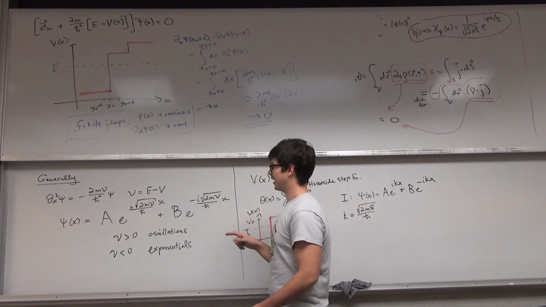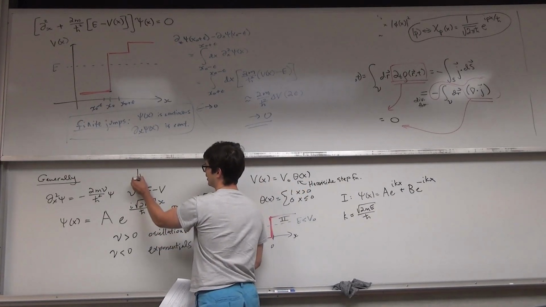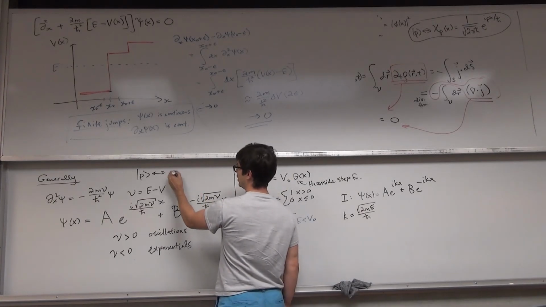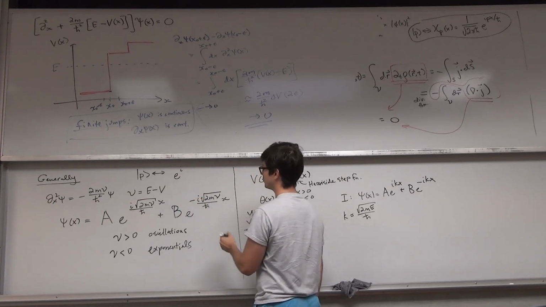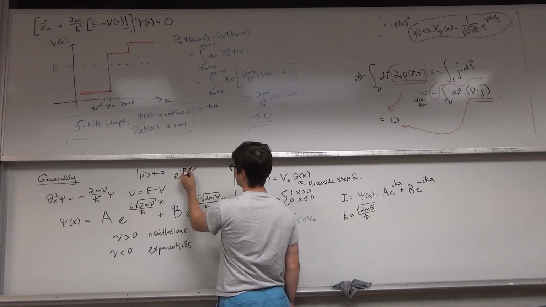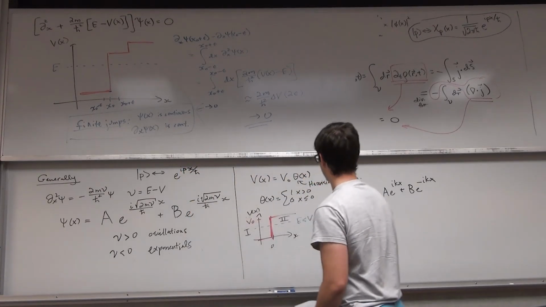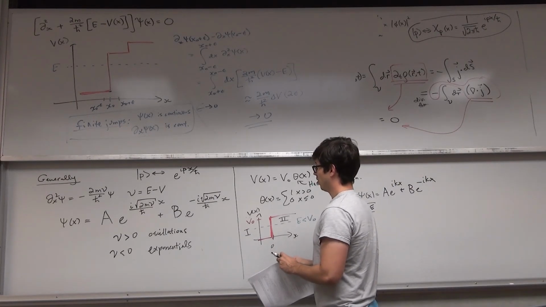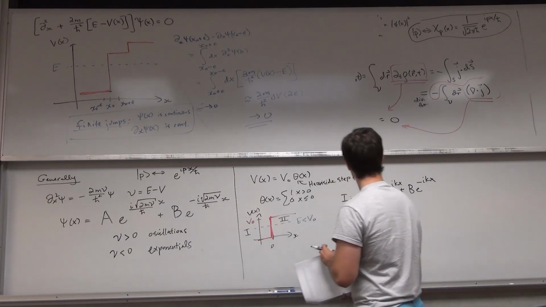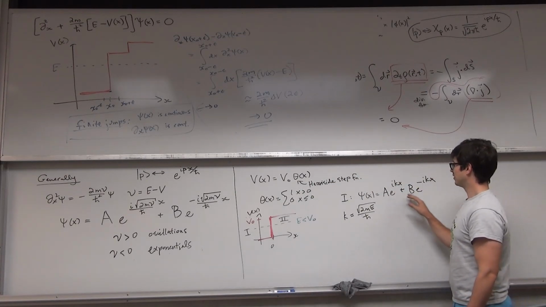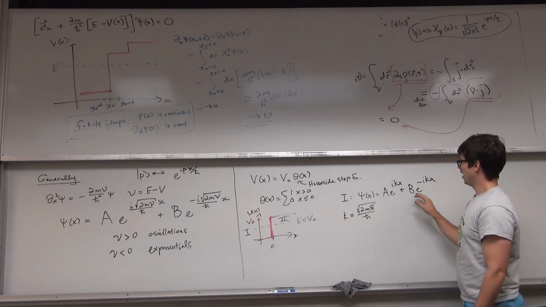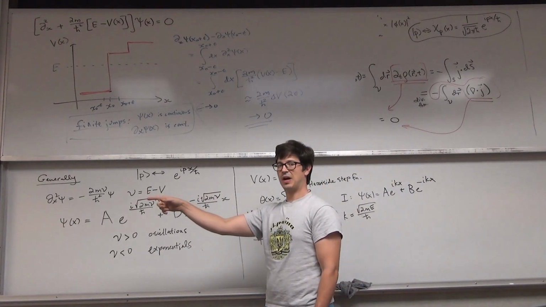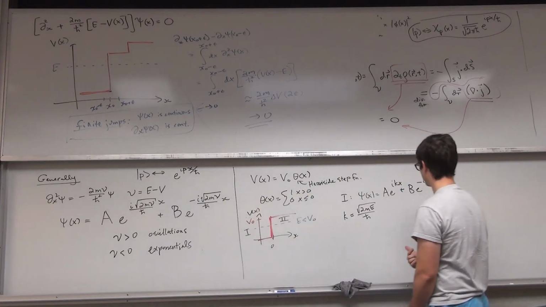We argued that there's a correspondence between p and the following pseudo eigenvector, e to the i px over h bar. So what does this mean? It means that we can interpret these 2 functions as associated with particles moving either in the positive x direction or the negative x direction.